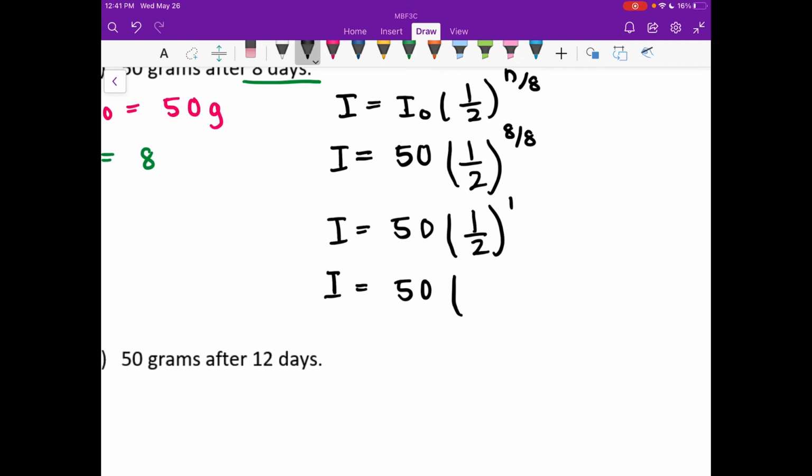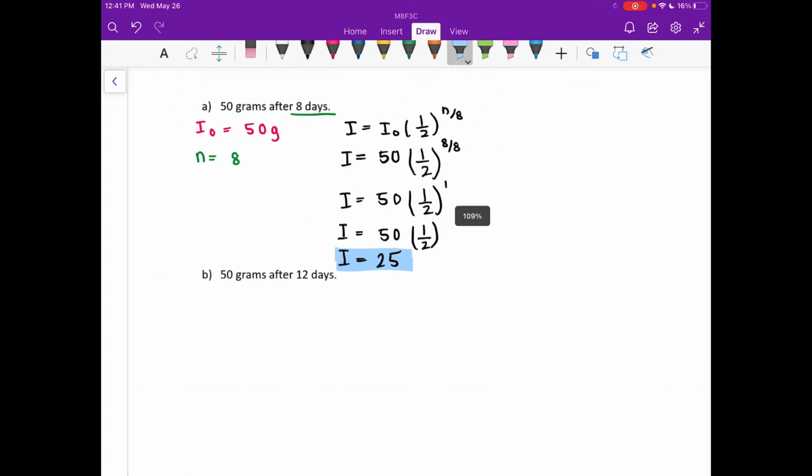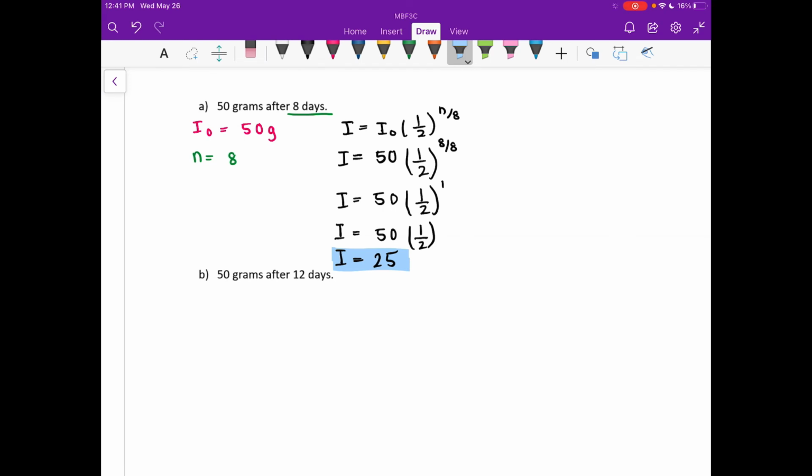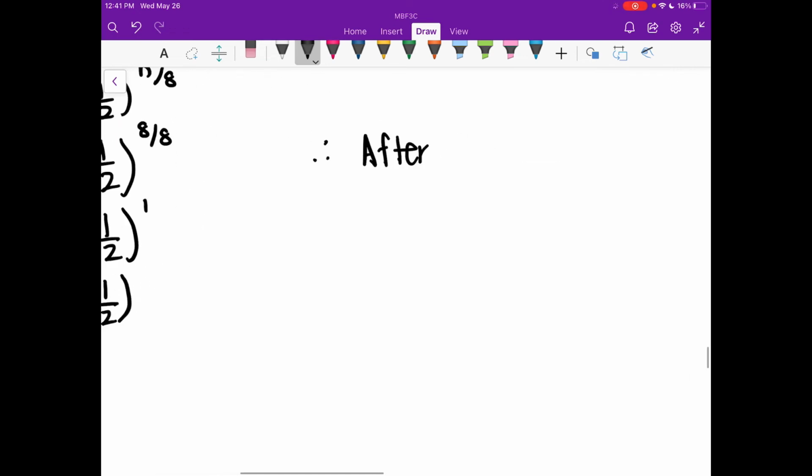Then do your exponent. So we have 1 half to the power of 1, and anything to the power of 1 is just itself. And then we're left with 50 multiplied by a half, which we know is 25. So I know that after 8 days, I will have 25 grams left of iodine. And just write that in. Make sure you always have your units as well.